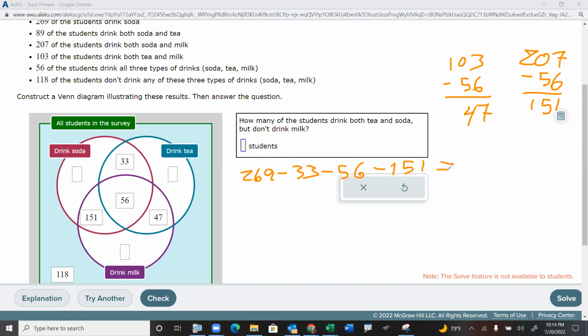I'm typing it in right now, and I get 29 people. So 29 people in that group there.